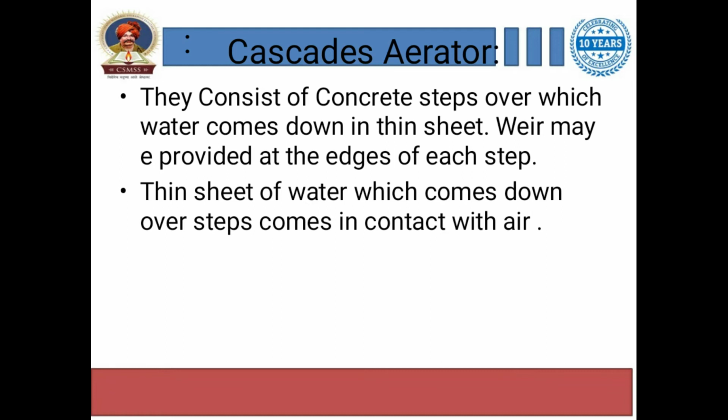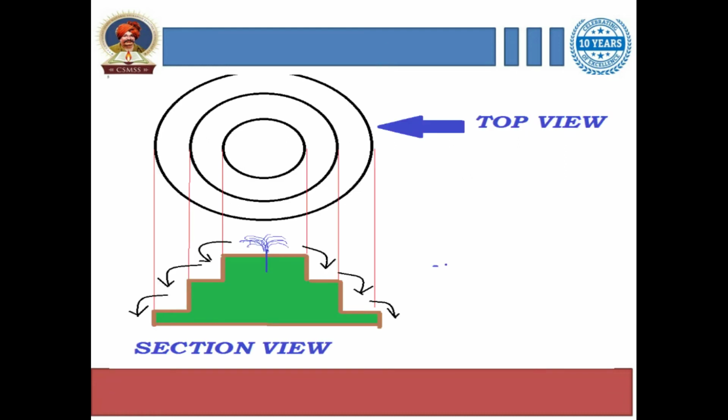So look at this diagram, where we will find the cascades or the steps over which water runs down and comes in contact with air, and through which the aeration process is done.